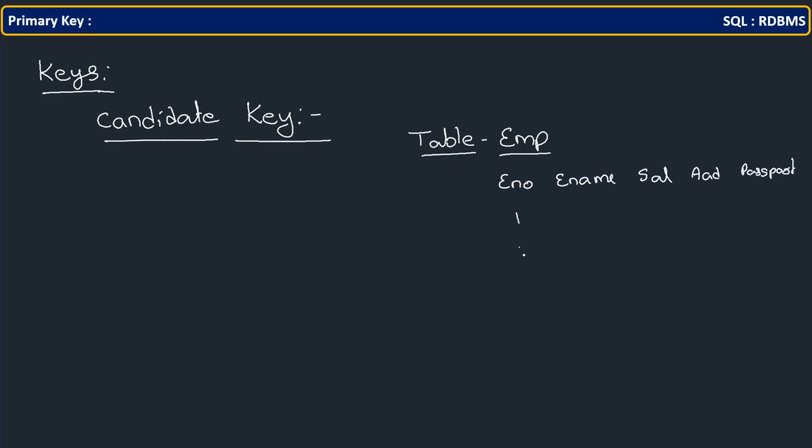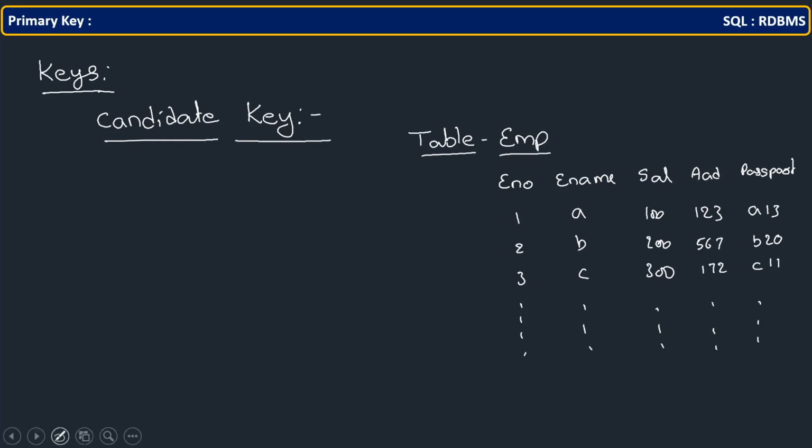Employee number one, employee number two, employee number three, like this we have many employees, employee names, some salary, 100, 200, some random numbers I'm giving. Don't worry about the data.